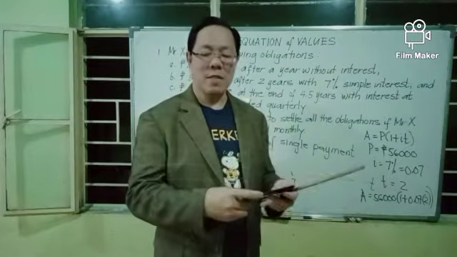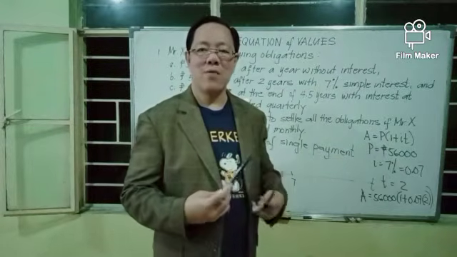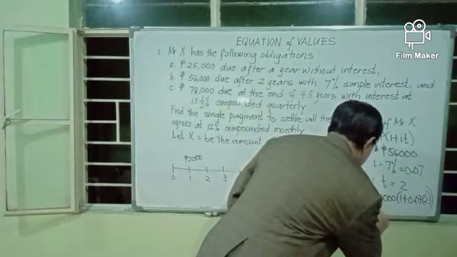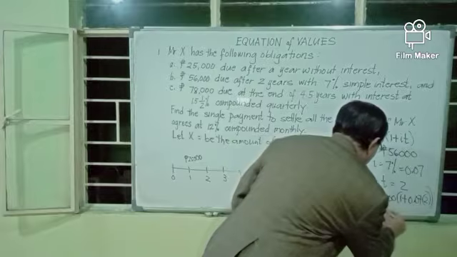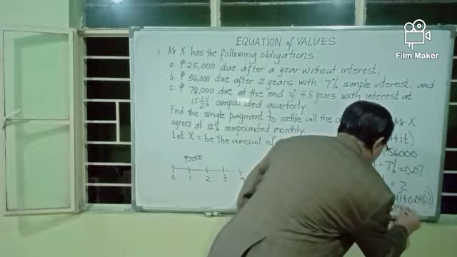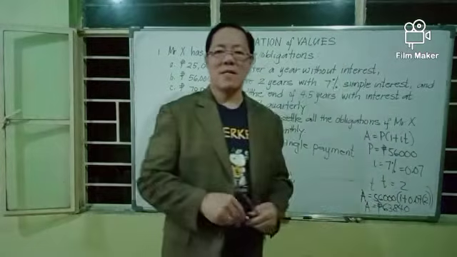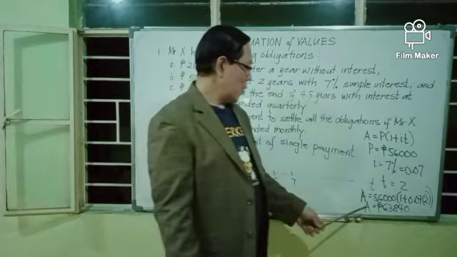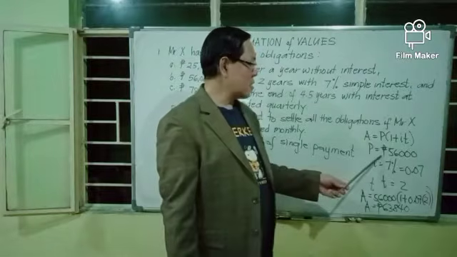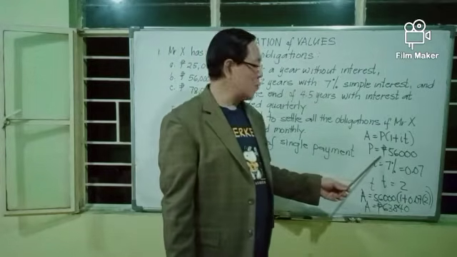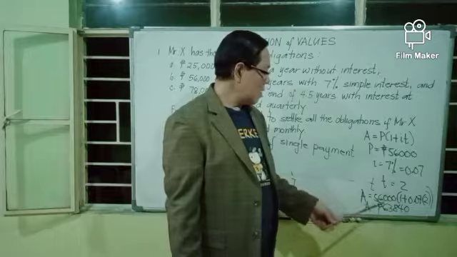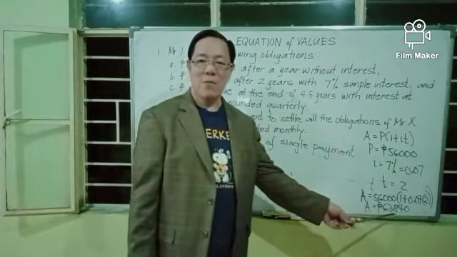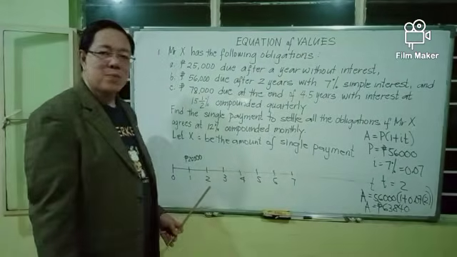And you should get 63,840 pesos. 63,840 pesos is the maturity value or accumulated value of the original loan or the second obligation worth 56,000 pesos. In the timeline, we write 63,840 pesos at the end of 2 years.